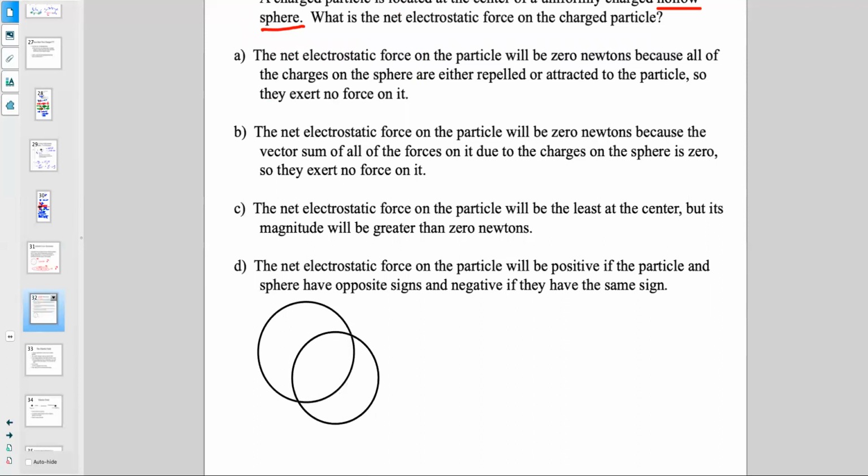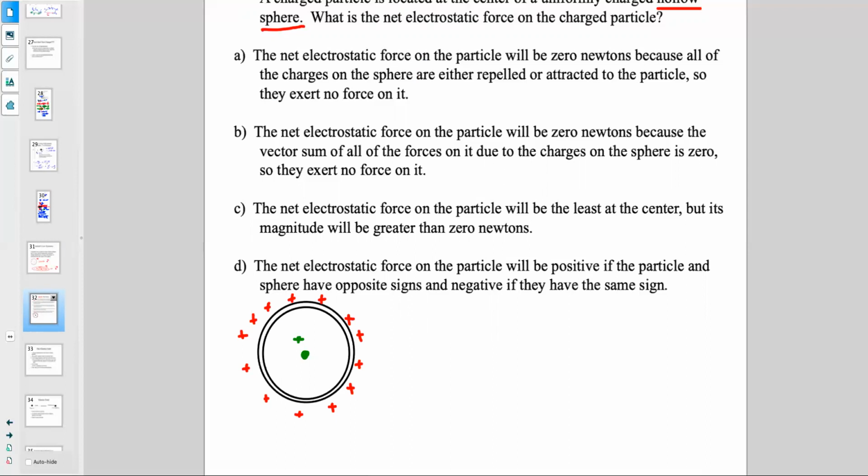And this is hollow, so I can later on move this around and have a hollow sphere, kind of like that. Okay, and what's happening is that this is charged. Let's say that it's, for example, positive. Okay, so I have a uniformly charged hollow sphere, kind of like that. Positive charge or negative charge, doesn't really matter, but it's charged. And then you have another charge at the center, right there. Let's say that this is also positive.